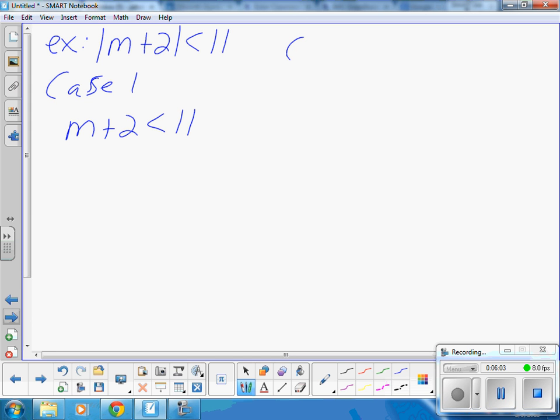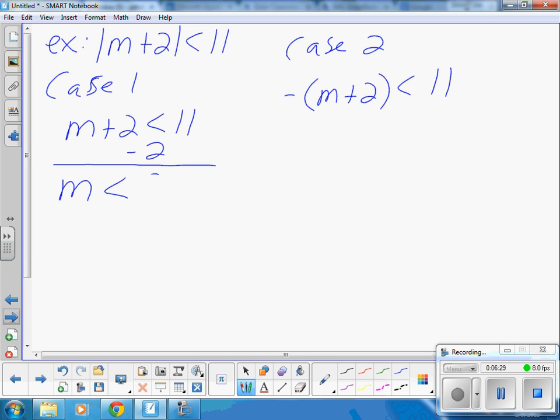And we have case 2, when the absolute value of m plus 2 is negative, is going to be less than 11. Because when we do absolute value, we always get positive, but if the inside part is negative, we have that case 2. Subtract 2 from both sides here, we get m is less than 9, case 1.